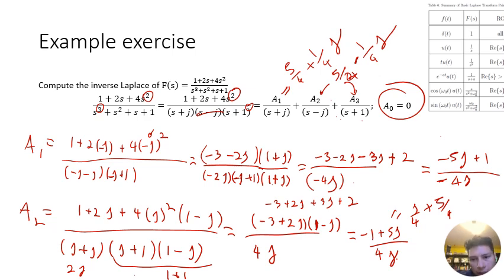Okay, now if we multiply this by j, I'm going to go back here and just do this math here. If I multiply this by j, I'm going to get 4 in the numerator, and then here I have negative 5j, which if I multiply by j becomes positive 5.